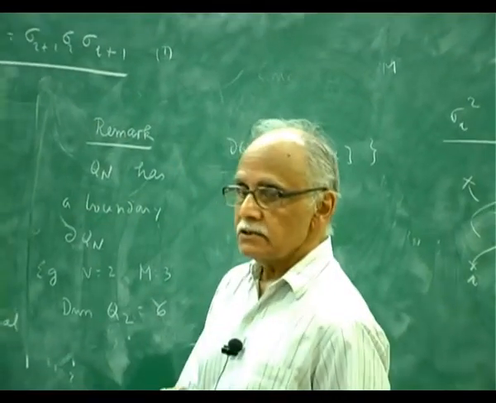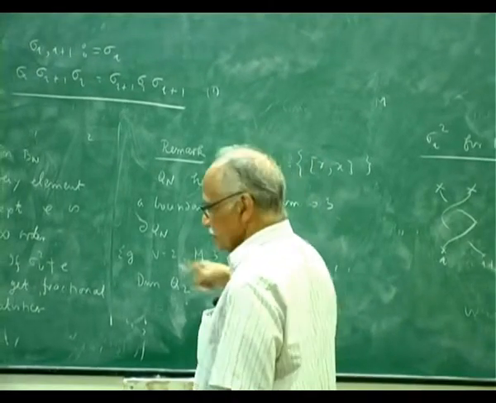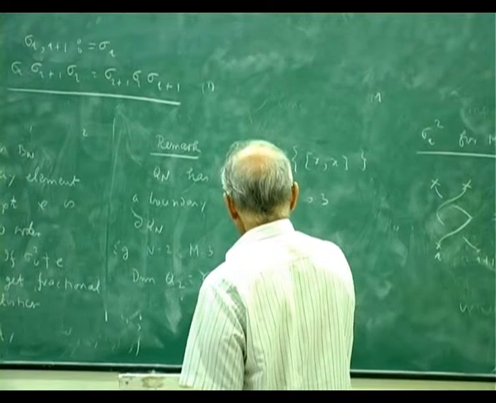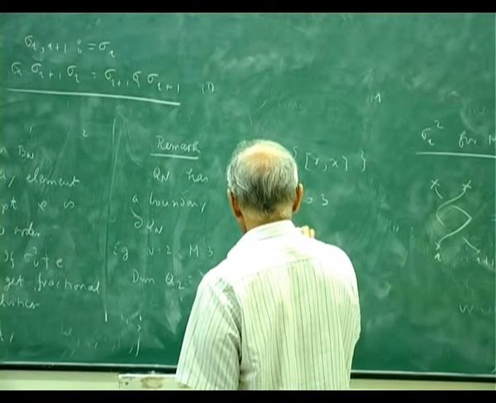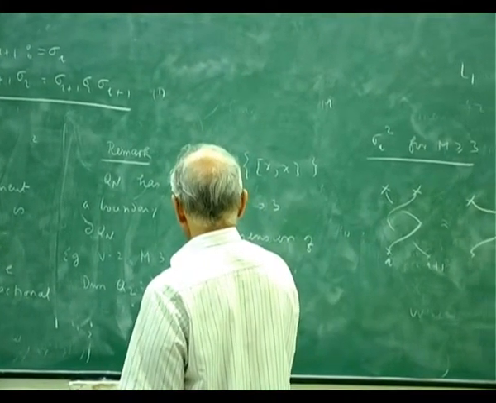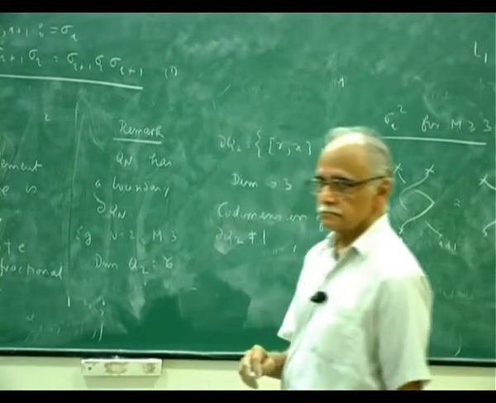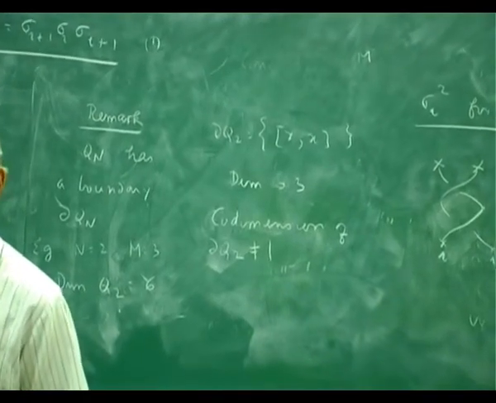Right? So this is a very strange, unusual situation. This is not a regular boundary. Normally if you have a boundary, the codimension of this thing, the boundary of Q2, is not equal to 1. Normally if I have a plane in the boundary, you lose one dimension.